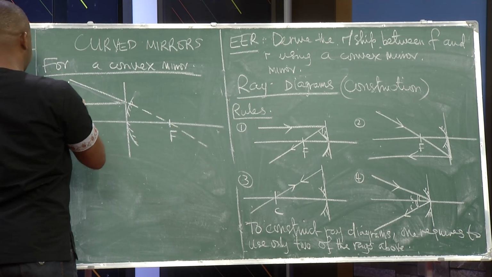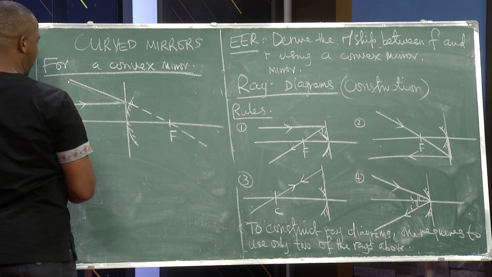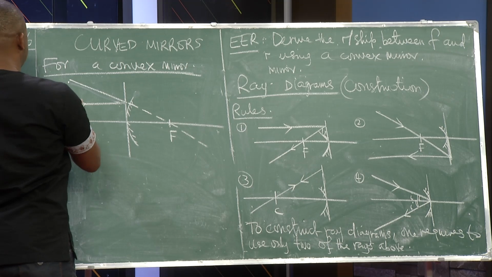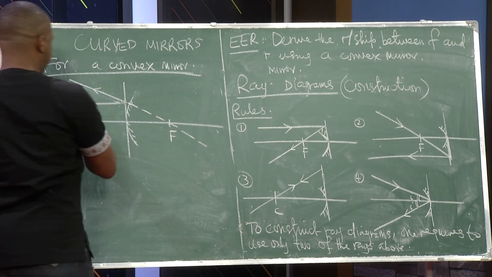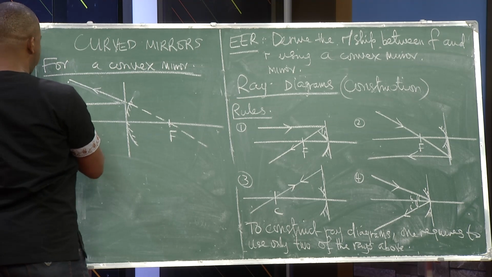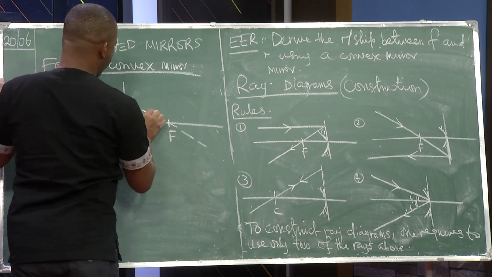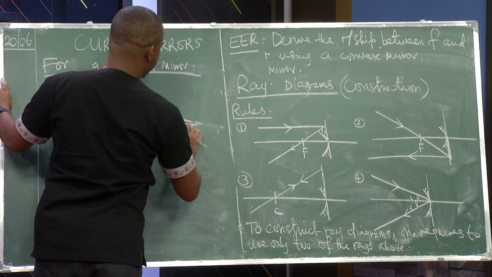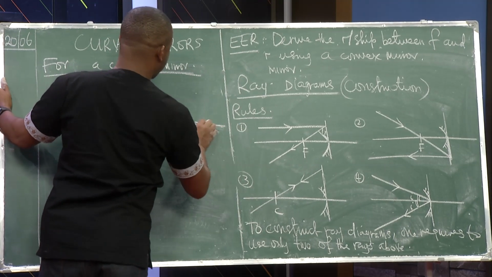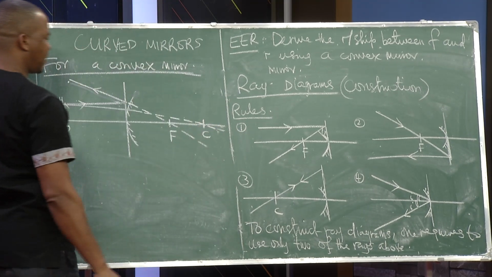Assuming that I have an object here of a known height, another ray from the tip of the object will move and will be extrapolated once again to pass through the center of curvature.